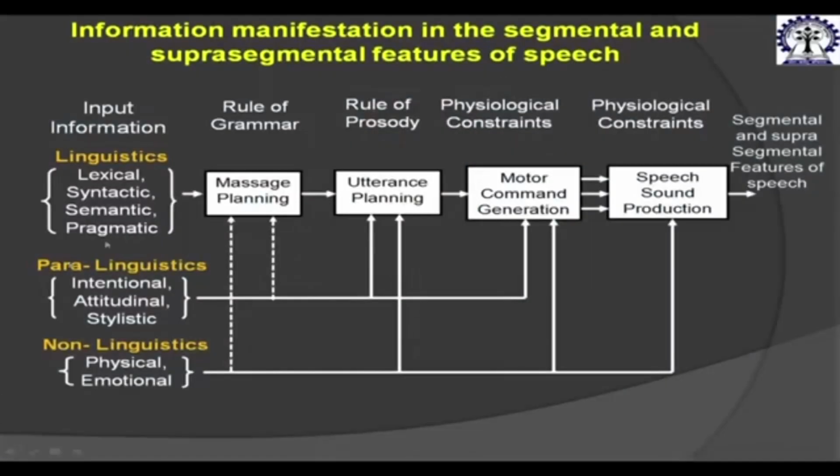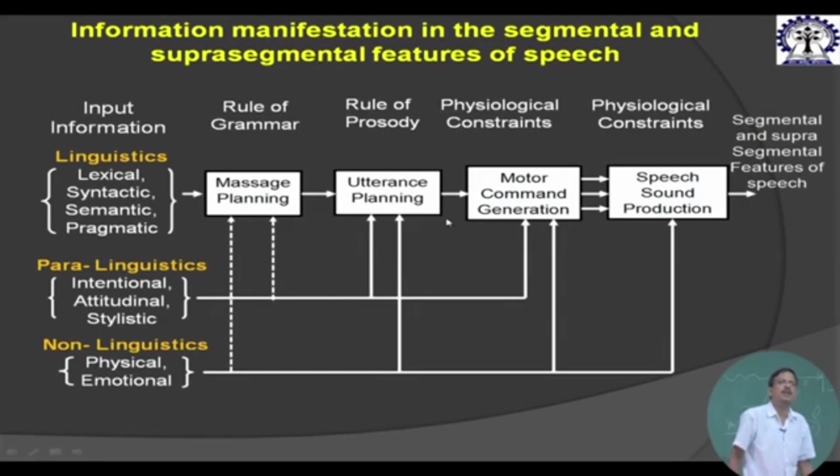In message planning, we have lexical, syntactic, semantic, pragmatic. In utterance planning, we have paralinguistic, intention, attitude, stylistic; every human being has a different kind of speech style. Then non-linguistic parameters are also there, common to the motor and utterance planning.